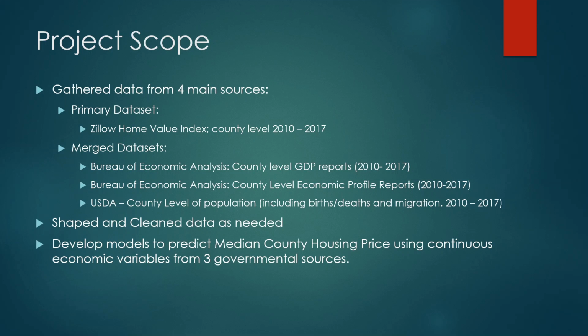The other one was county-level economic profile reports, which has a bevy of about 30 different economic reports such as personal income, total number of jobs, and several other indicators that are difficult to group, but they represent the overall health of the county. And then lastly, the last data set I have in here is the USDA county-level population, which includes births, deaths, and migrations for 2010 to 2017.